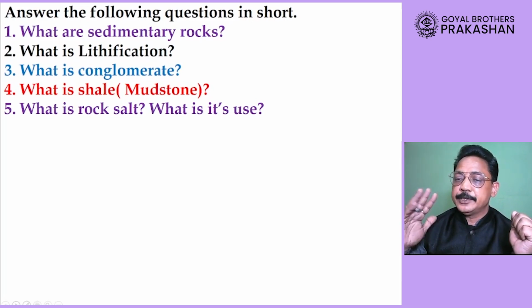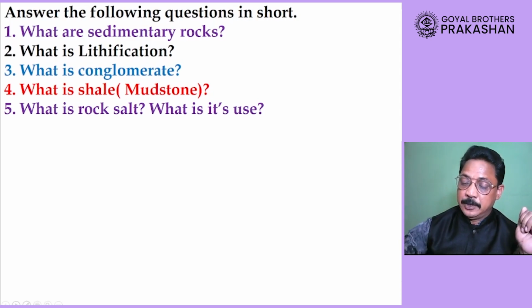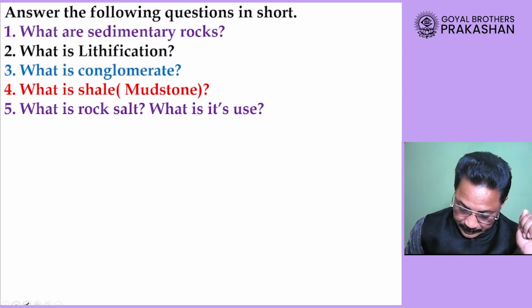So due to excessive temperature, the water gets evaporated, leaving behind the crystals of minerals which are called as rock salt. Rock salt is used in food as salt, and also it is used in Ayurvedic medicines.